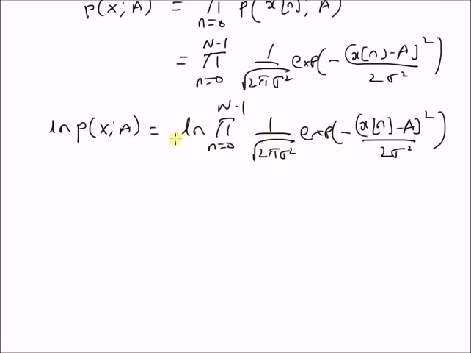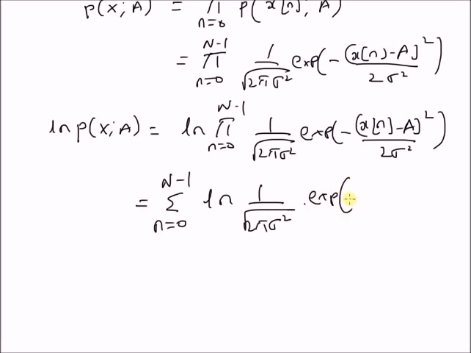Now by using the formula that the logarithm of the product is equal to the sum of the logarithms, we have the summation, n = 0 to N-1, of the logarithm of 1 by square root of 2 pi sigma squared multiplied by exponential of minus (x[n] minus A) whole squared divided by 2 sigma squared.